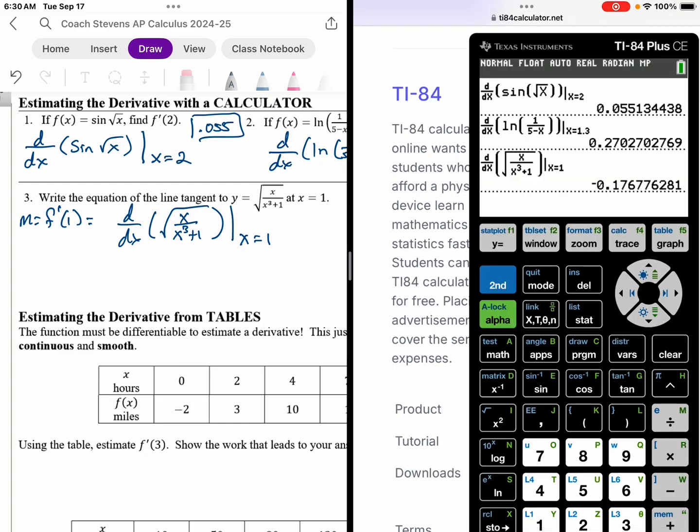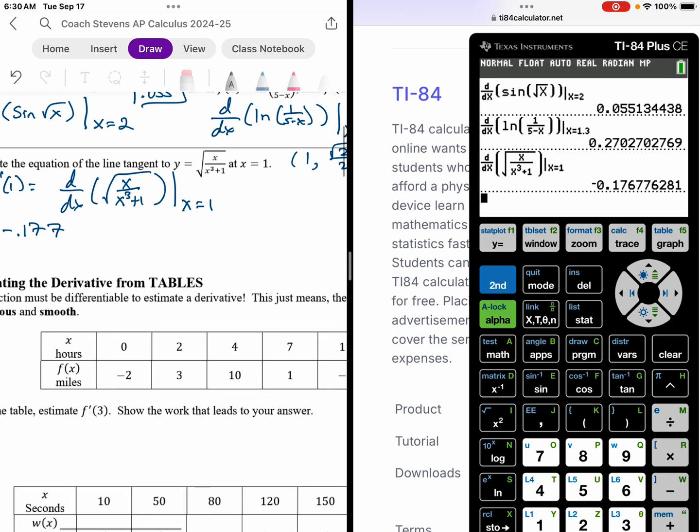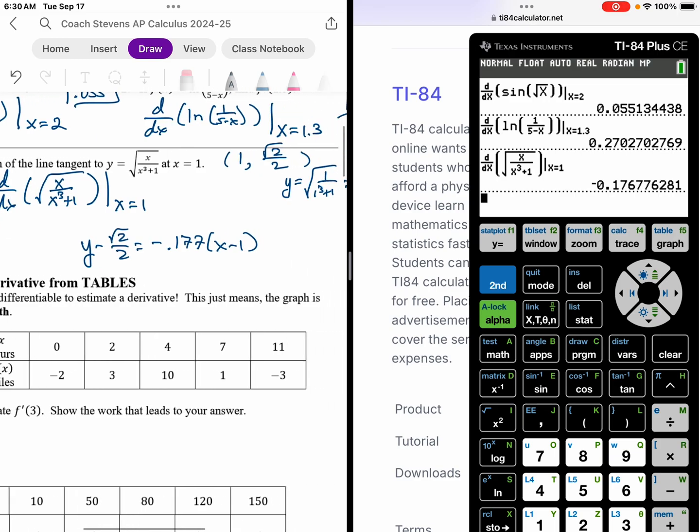Now we're going to hit enter. And that tells me that the slope is negative 0.177. I'm going to go ahead and round up to 7. And so now as I create the equation of the tangent line, y minus square root of 2 over 2 equals negative 0.177 times x minus 1. And again, as you're doing this, get y by itself, but don't worry about putting it in slope-intercept form.